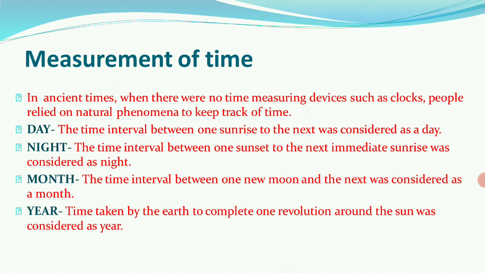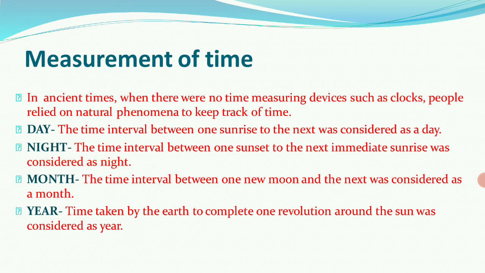But in olden days, in ancient days, when there were no time measuring devices such as clocks, how did people measure the time? They relied on natural phenomena to keep track of the time. That is day, night, month, year. The time interval between one sunrise to the next was considered as a day.